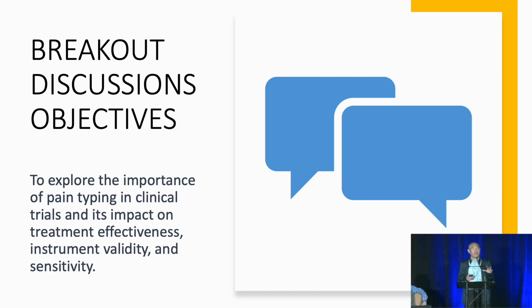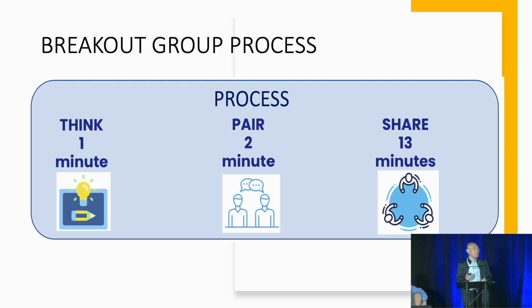Now, the breakout room group format is very similar to what you have done yesterday, with just some very minor differences. So within your app, you should receive a notification of where you should be going into which room for the breakout group. In each room, there will be a facilitator who would give you an introduction about the discussion.